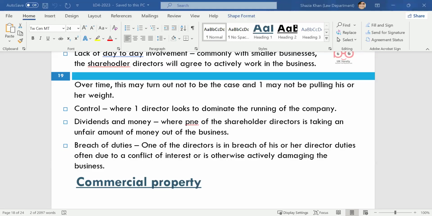But under the Companies Act, directors have duties that they must follow. They don't always follow them, and they breach their duties. It may be a simple breakdown of personal or business relationship between directors as well. They may bring their personal relationships into it, and that could cause issues for the organization.